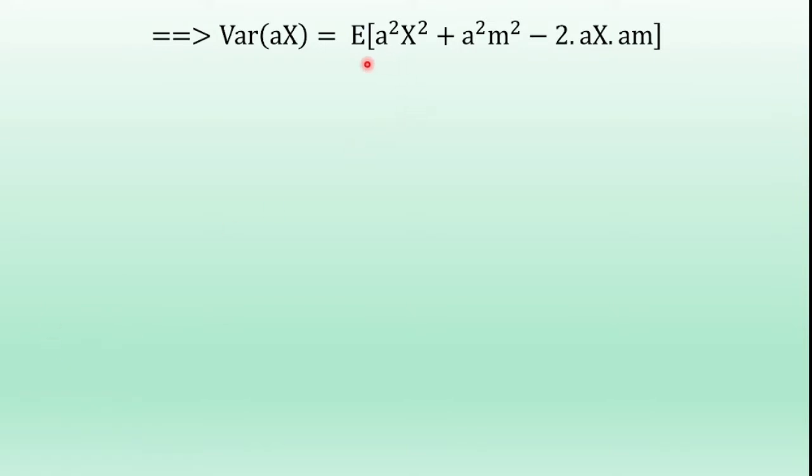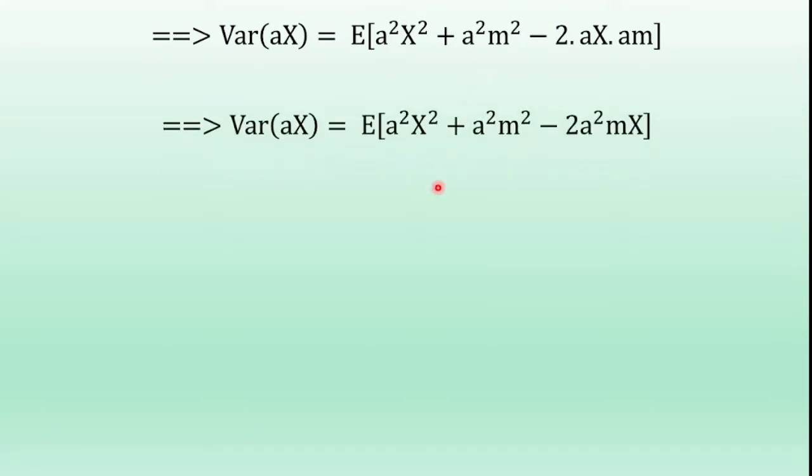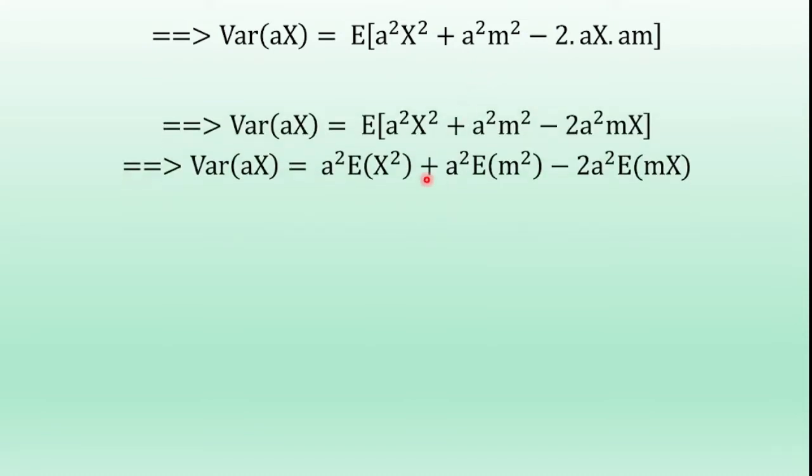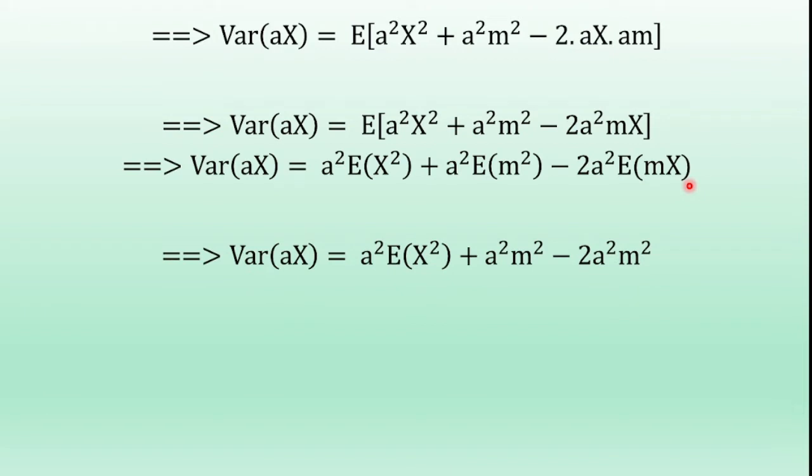Using that property, the RHS term of this equation is a square into expectation of X square plus a square into expectation of m square minus 2a into expectation of mX. Since m is a constant, expectation of m square is m square, and expectation of mX is m expectation of X. Therefore a square expectation of X square plus a square m square minus 2a square m into expectation of X.